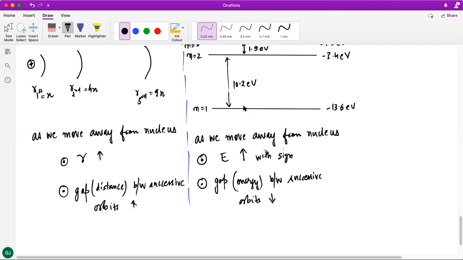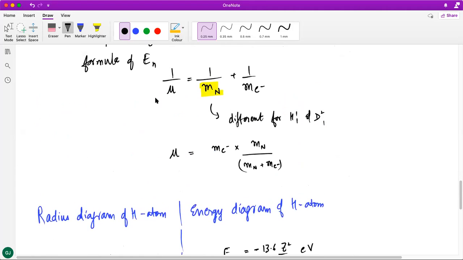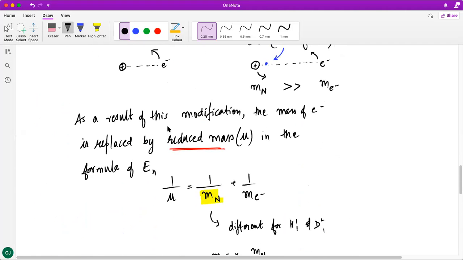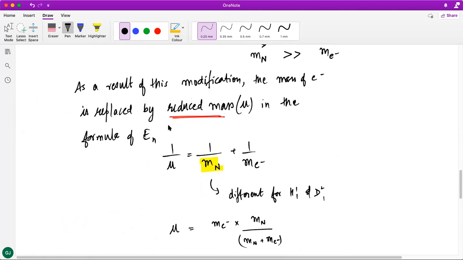Sir, I had a similar doubt about the center of mass. I wanted to ask that when we consider over here the nucleus to be a point charge or a point mass, but in real life, or in practical life, we consider the nucleus to be a collection of protons and neutrons, right? Correct.